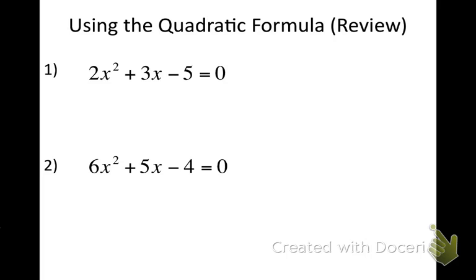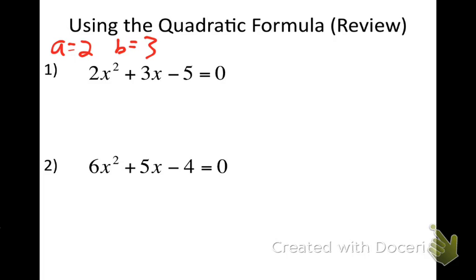Let's do a little review of number 1 here. This is review of what we did with the first half of the quadratic formula. So 2x squared plus 3x minus 5. What would A equal in this quadratic? What's A going to equal, Colin? A equals 2. B equals what, Colin? 3.